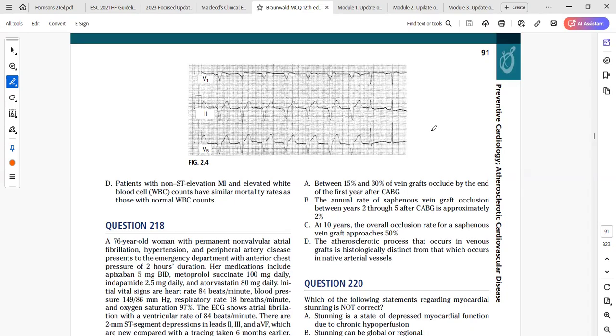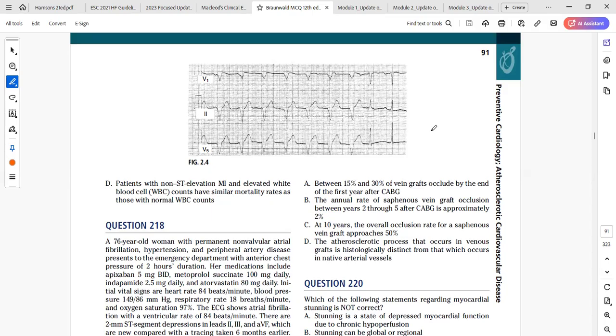So looking at this, with the frequent ventricular contractions and the AV dissociation with widened QRS complex, this is looking like a ventricular escape rhythm.